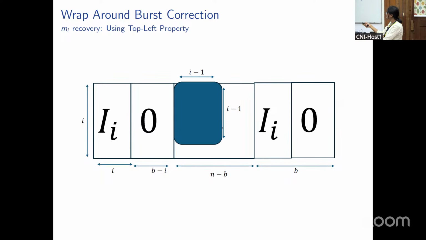So now let's consider that you have this i and you have this top left property, which basically says that this matrix is invertible. So what you can do is find a linear combination of these rows and cancel out the terms that are seen here, right? Because these are all linearly independent, you can write these i minus 1 symbols as some linear combinations of these rows, okay?